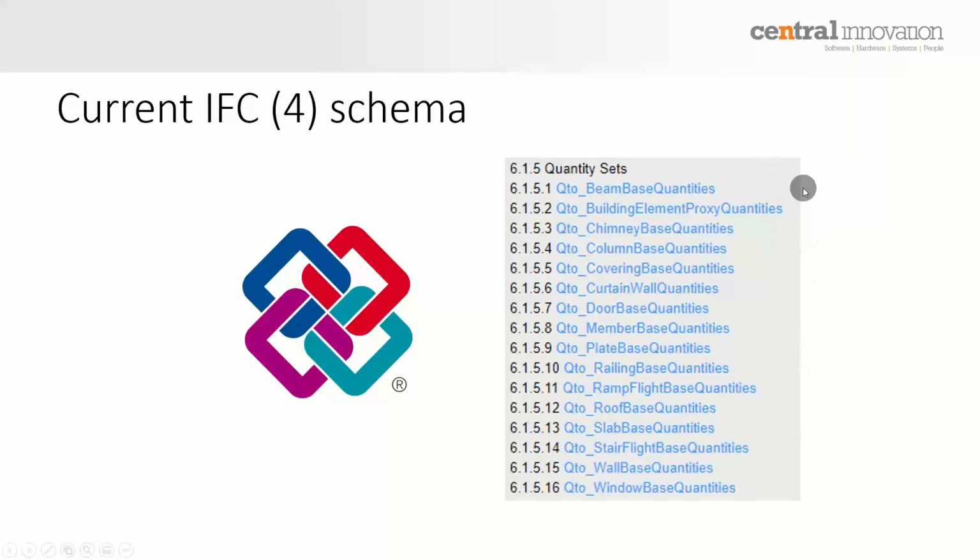What that means, since this information is already there in the IFC schema 4, we just don't have a fully defined model view definition for it, is that there's a specific entity called quantity sets, which is not the same as property sets, but they look alike, for almost all of the shared elements in the building.